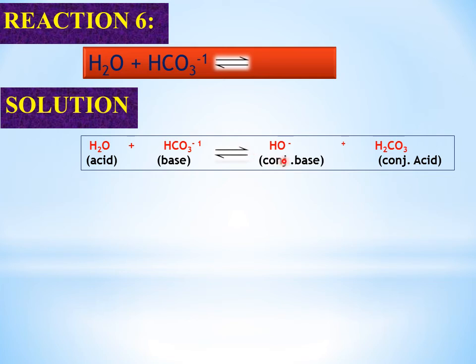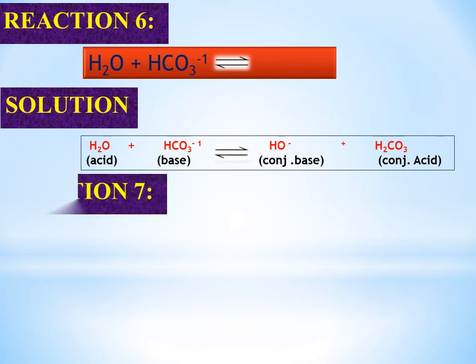And now you can see the hydroxyl ion, which is the conjugate base of this water. Why? Because water had one proton and one hydroxyl ion, and that one proton has been taken by this bicarbonate ion, so the left one is the hydroxyl ion.